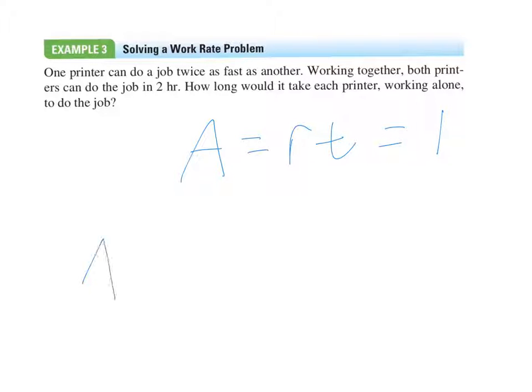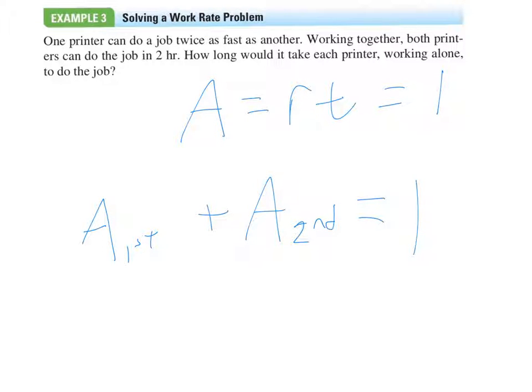So, the amount of the first printer plus the amount of the second printer is equal to one job. So, what we're going to do here is create an equation to solve, and we're going to use that to figure out how long would it take each printer working individually to do the job.